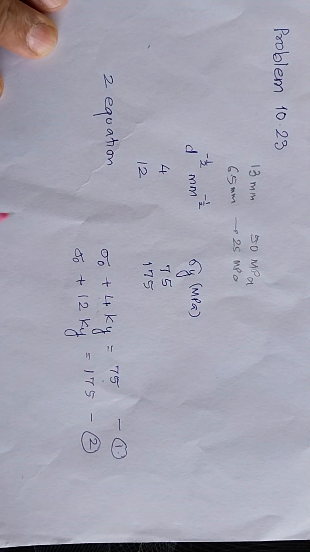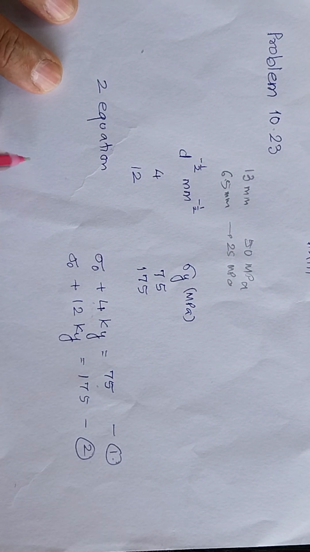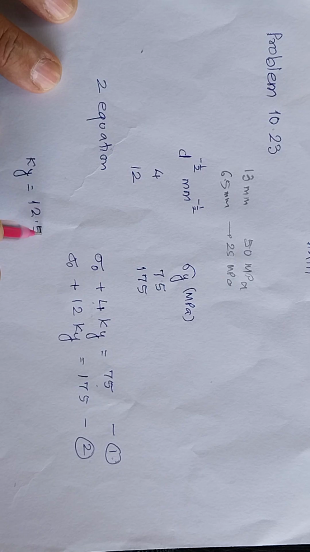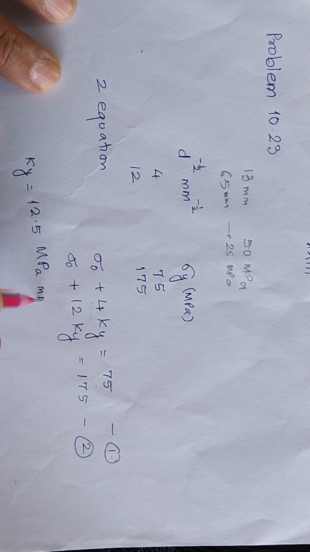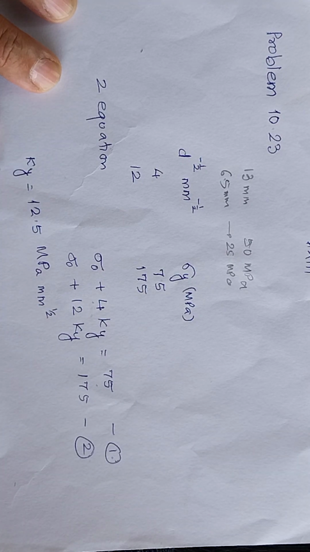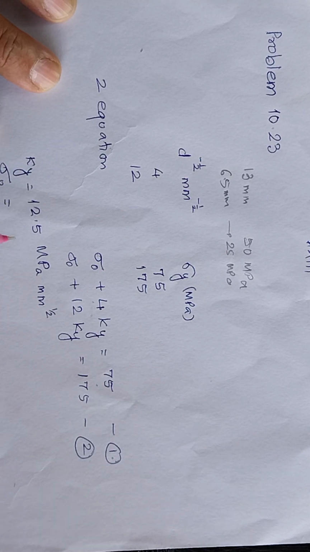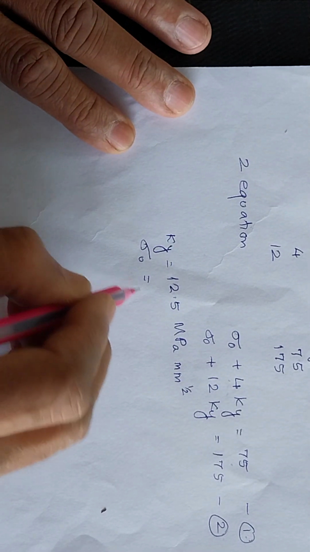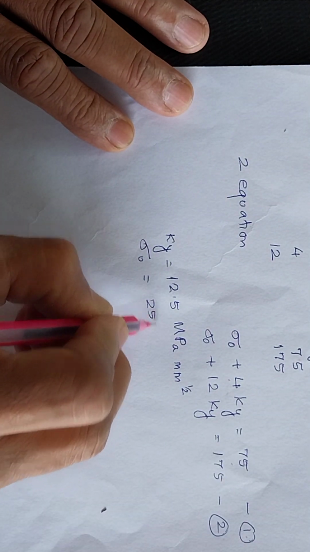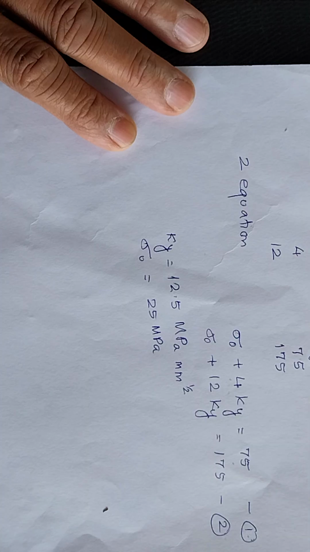So we have here ky and sigma 0. The value of ky here is 12.5 megapascal millimeter raised to half, and the value of sigma 0 is equal to 25 megapascal that we have found out.